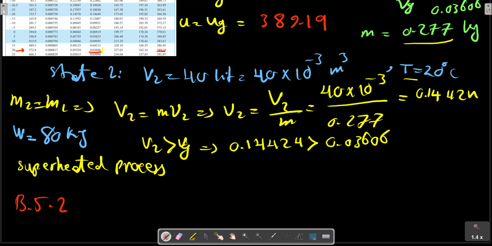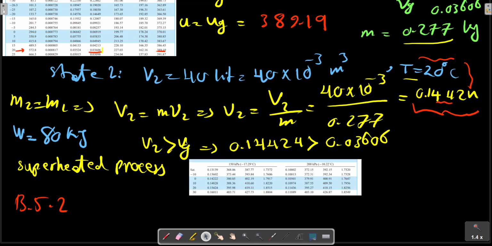We should first find the pressure, which can give us the specific volume at the temperature 20 degrees near this quantity. The table shows the pressure for a given process at constant temperature.